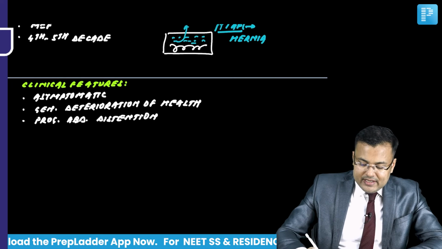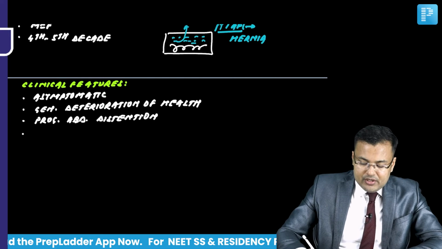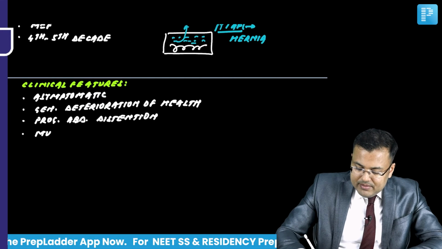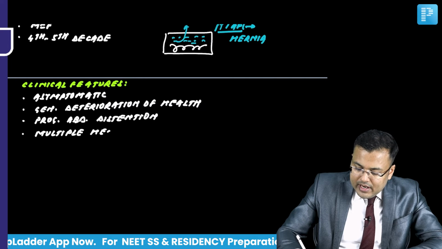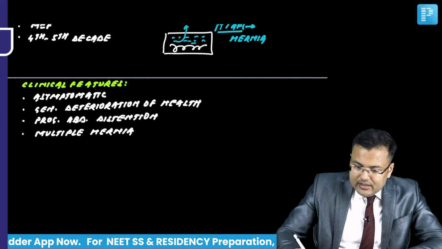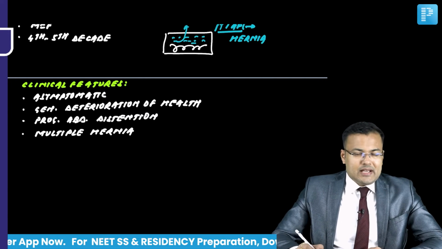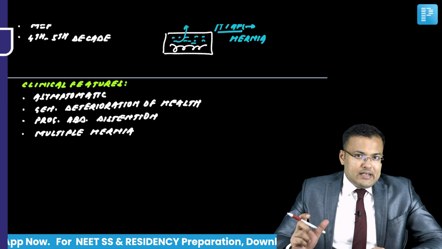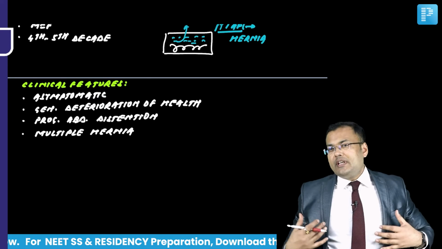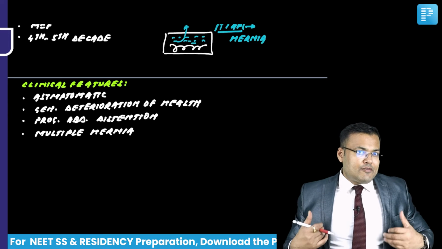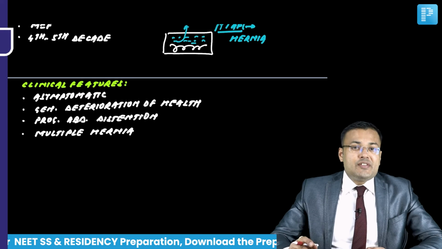You are going to notice that there is increased intra-abdominal pressure. Because of that, there will be multiple hernias. Why? Because of increased intra-abdominal pressure. There will be ascites, but here the cause of ascites is this jelly-like substance, which is semi-solid. Usually if you see a patient with ascites, since there is collection of fluid, you notice shifting dullness.